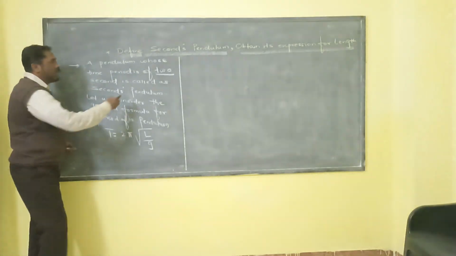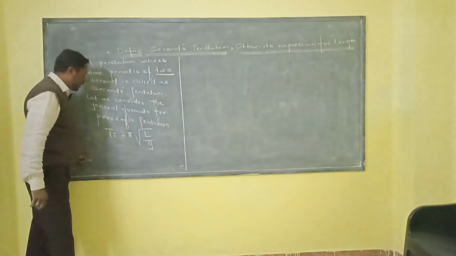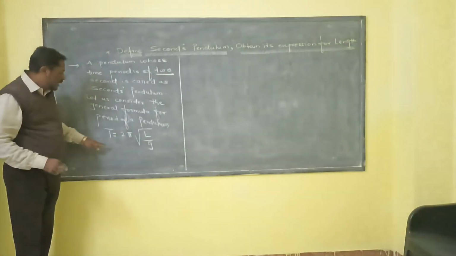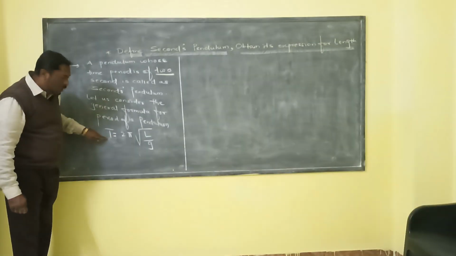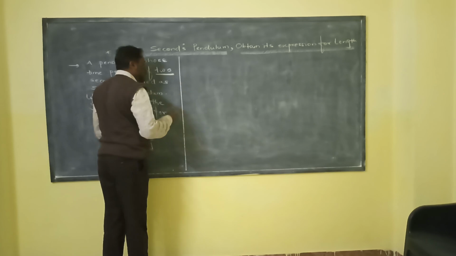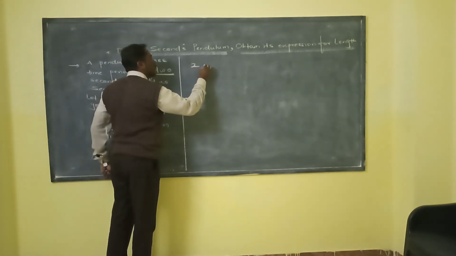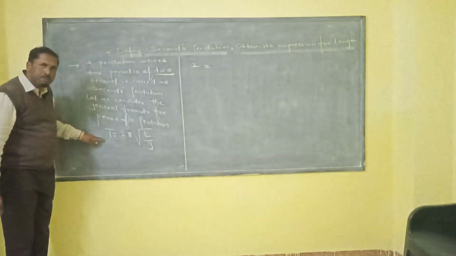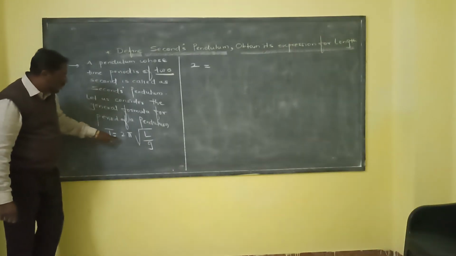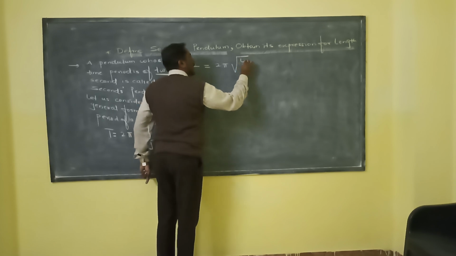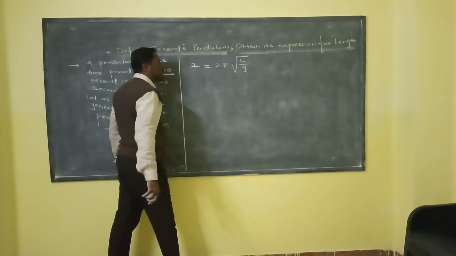As we have marked out, T is the time period of a pendulum. It is of how much? It is of 2 seconds. So put the value of T as 2. So we can write 2 is equal to 2 pi under root L upon G.